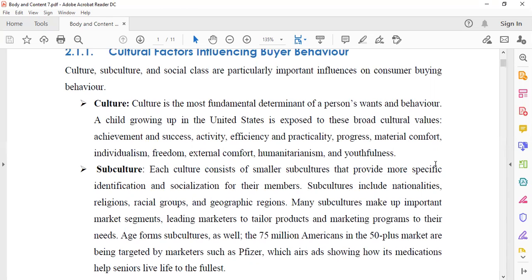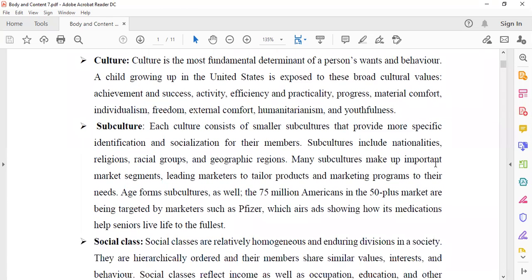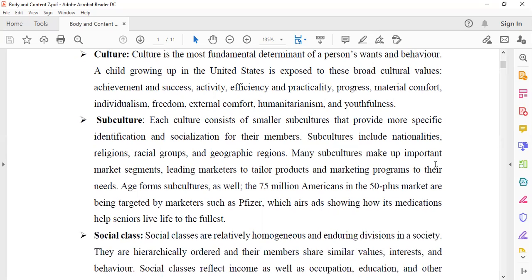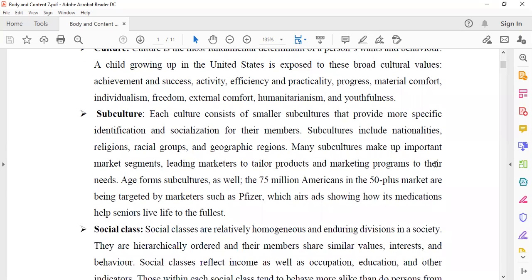Same thing applies to subcultures, which is a smaller segment of a broader culture that affects the way people see themselves, the way they socialize, their way of life, their religious beliefs, and all whatnot. All of these have a way of affecting consumption patterns.